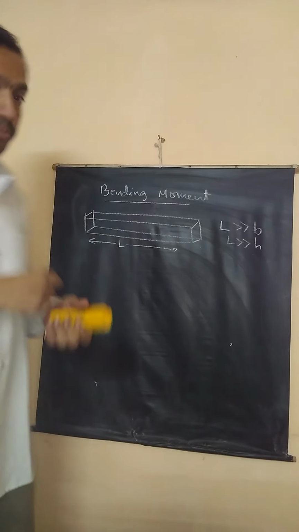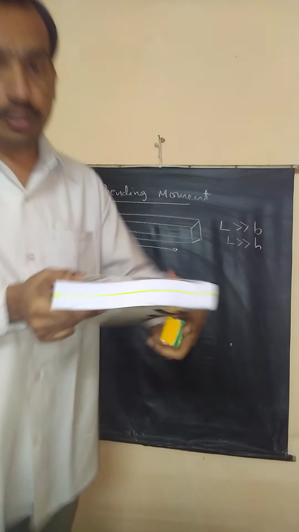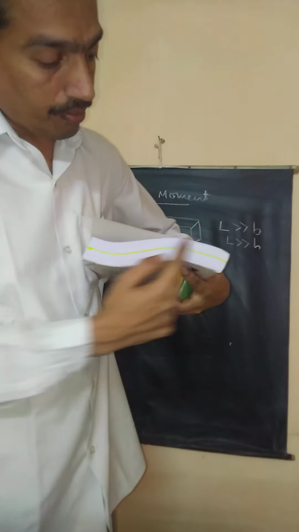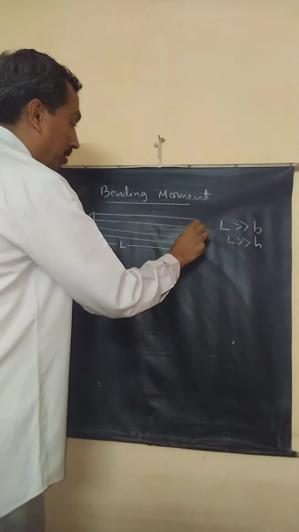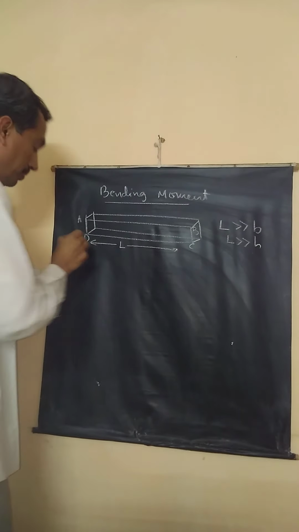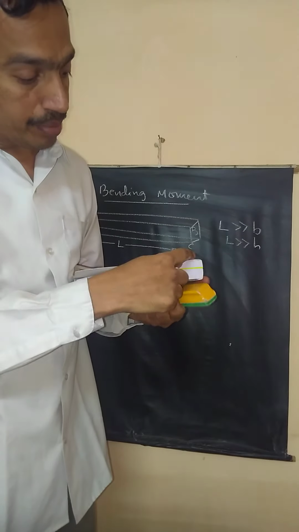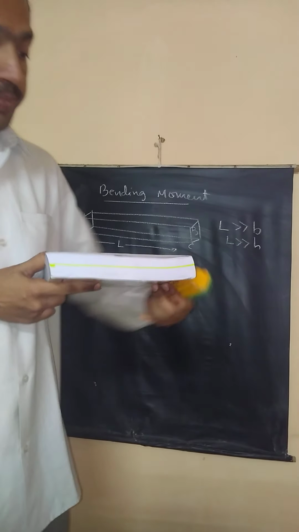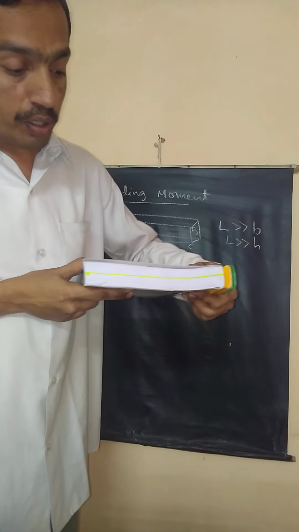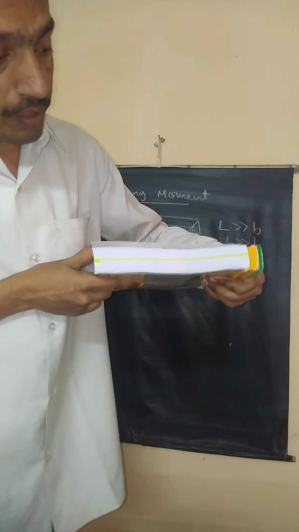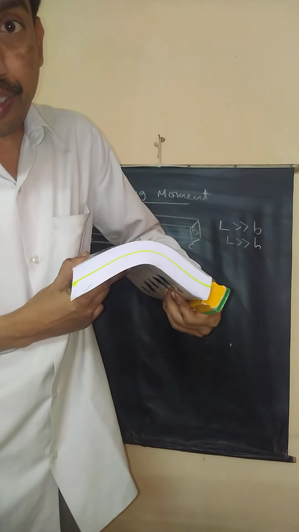I will give you an example. Look at this beam. Imagine this to be a beam. If I call this A, B, C, D. Now, suppose I exert a force on it. See here, when it bends, now it is bending.